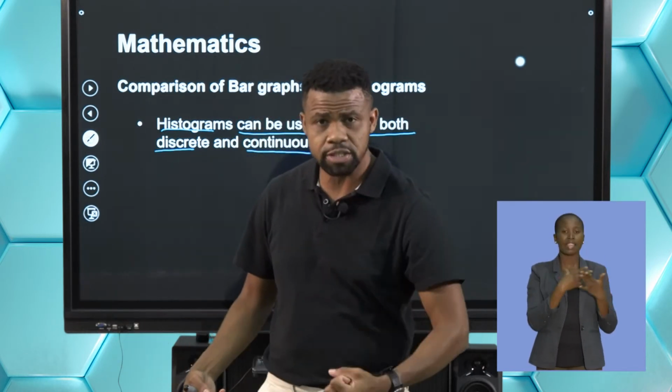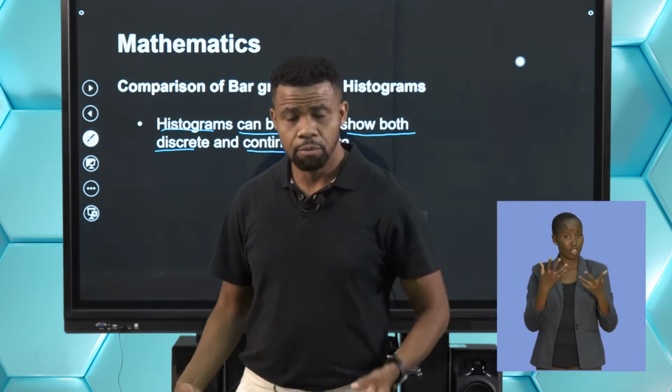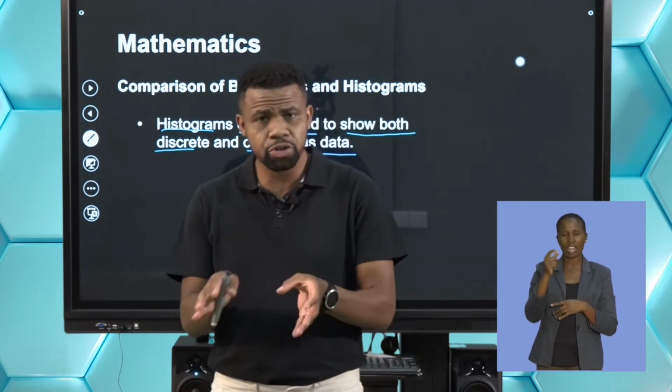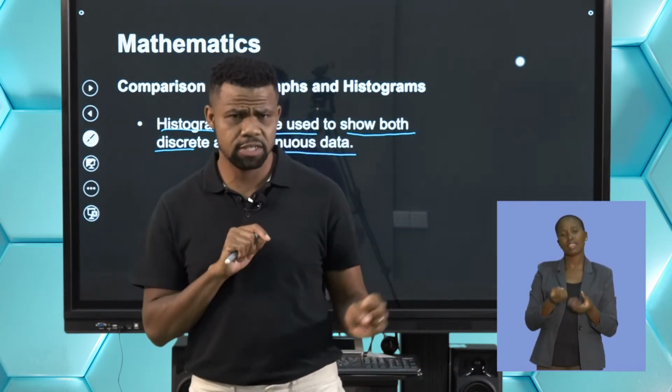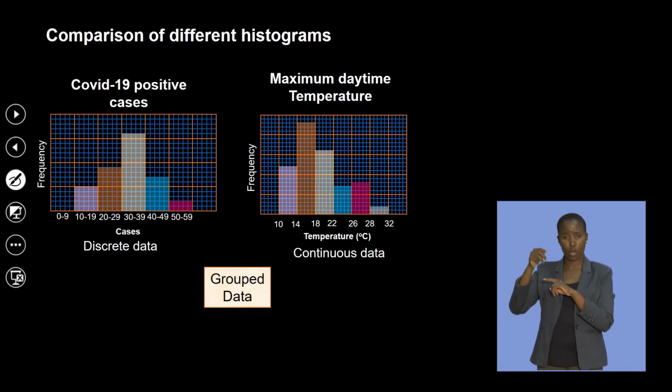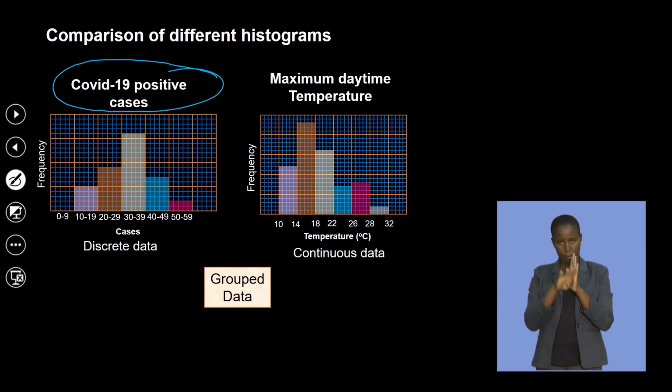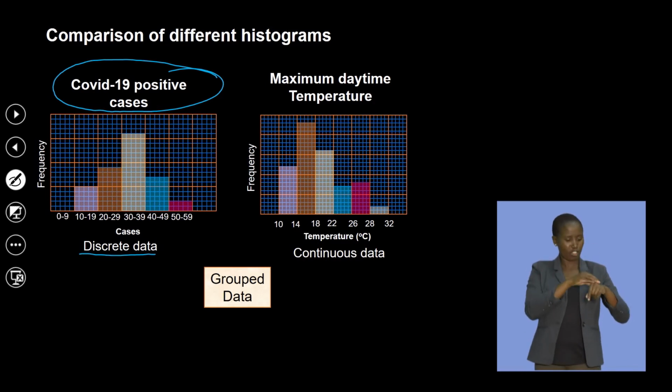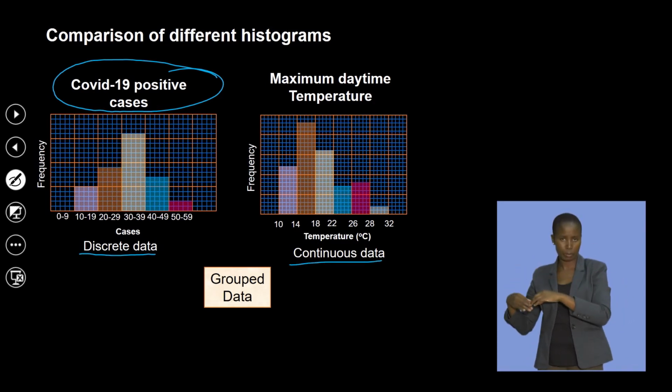So let's look at that. These are the COVID-19 positive cases arranged according to age. This is discrete data, and this is continuous data, which is temperature.